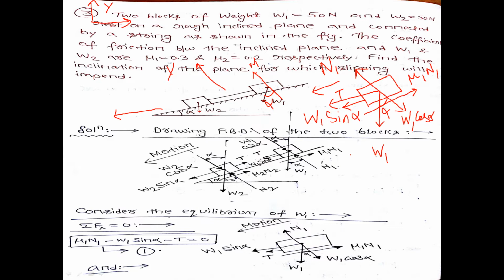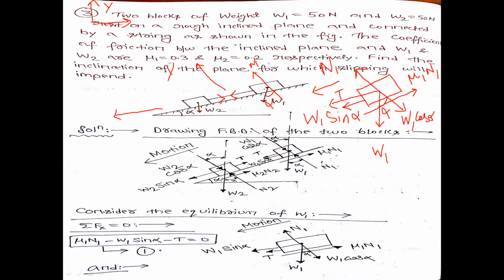Sir, can you explain the tension direction? Okay, this is the common string with which both blocks are connected. If you hold it tight, the W2 block will give a tension to this string for the W1 block in this direction, and the W1 block will exert tension on this cord for the W2 block in this direction.